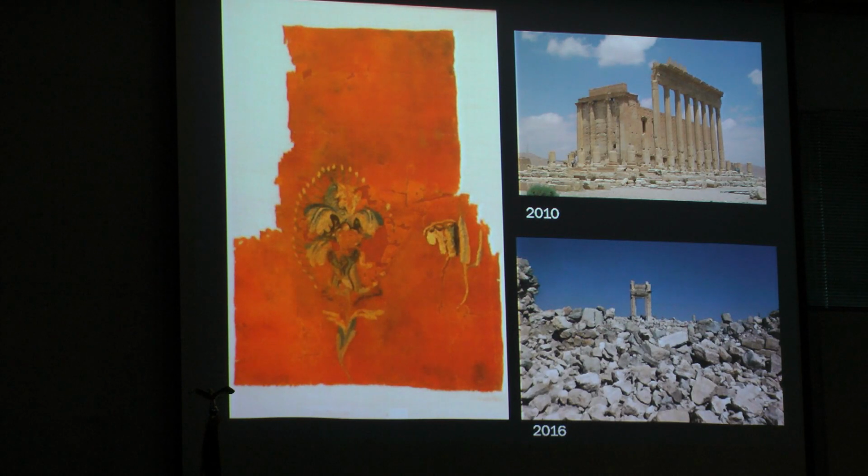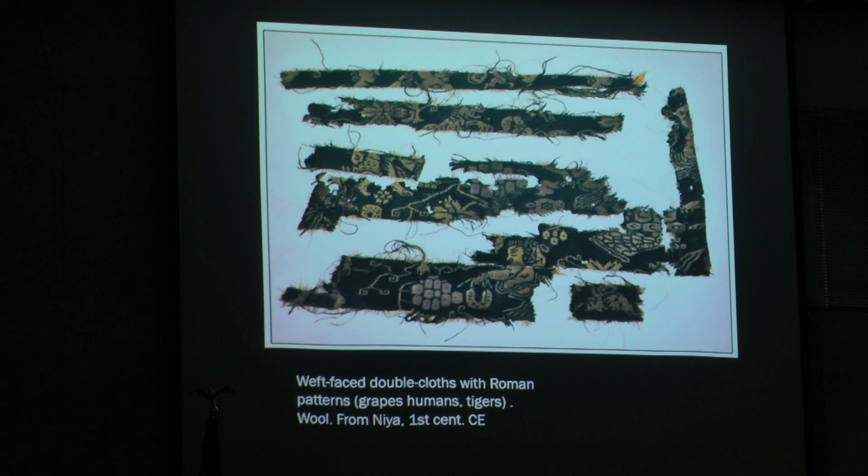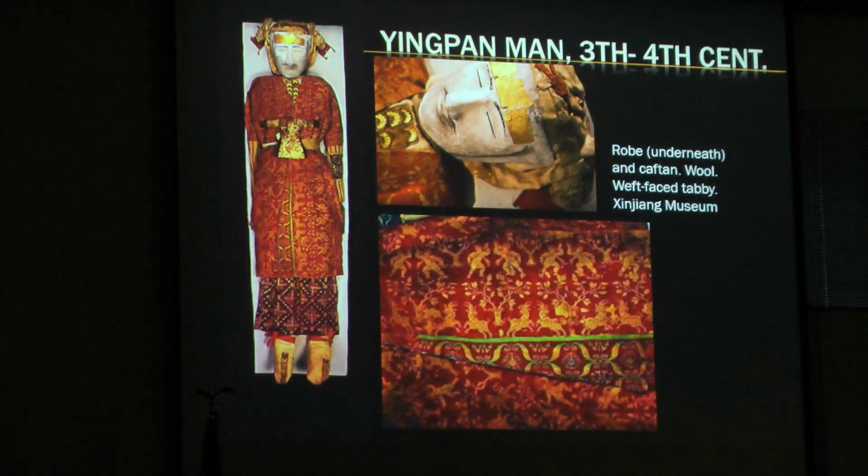So as I told you, the transmission occurred in both directions, and in China we found whole fragments with Roman-style patterns like this one, which generally show grape vines, cherubs, and other Roman or Hellenistic motifs. Among the most famous of this type that we have today, without a doubt, is the Yingpan Man kaftan.